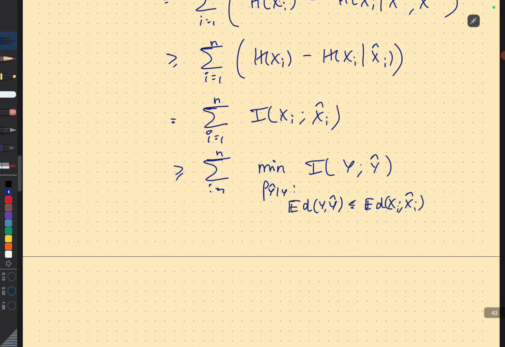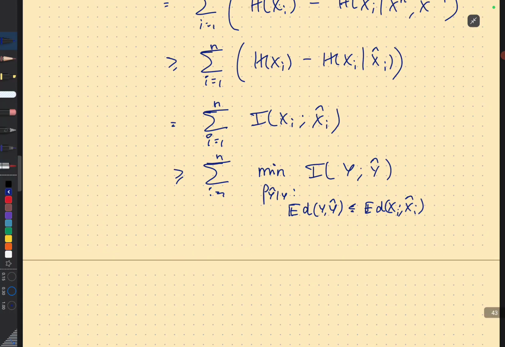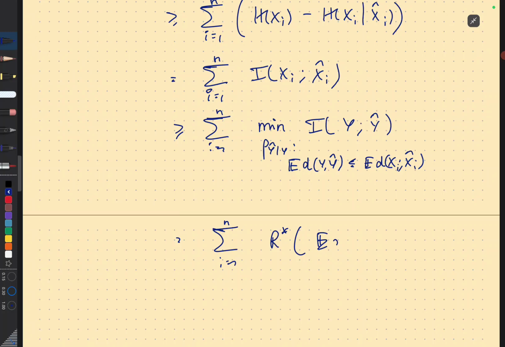Right? But this is by definition equal to R star of d, and in this case D is just the expectation of d(xi, xi hat).